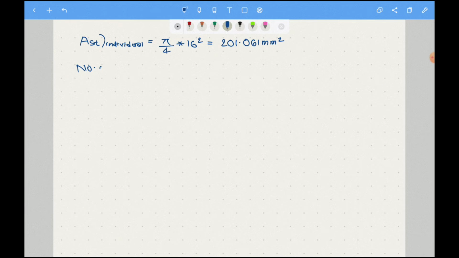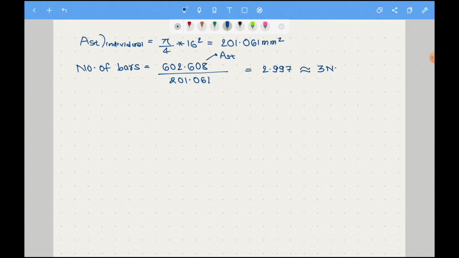So the number of bars that we have to provide throughout the beam section is 602.608, that is the value of AST, divided by 201.061, and that should be equals to 2.997. So rounding off, we will be providing 3 reinforcement bars each of 16 mm diameter. So what we can write here is provide 3 16 mm diameter bars.